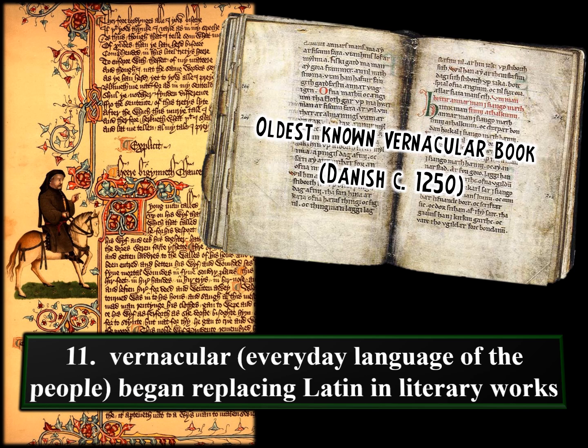Now we see more and more intellectual fervor being written in vernacular languages, and this replaced a lot of the Latin in literary works. This will give rise to the notion of, I guess, national languages. The oldest known vernacular book was actually written in vernacular Danish around 1250.